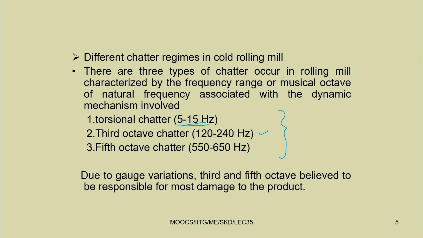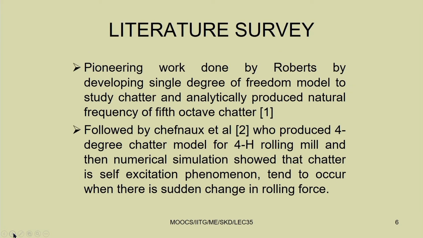Due to gauge variations, third and fifth octave chatter are believed to be responsible for most damage to the products. So, we have to avoid these third and fifth octaves by operating the system away from these frequencies, or we have to develop some means so that we can avoid this chatter.